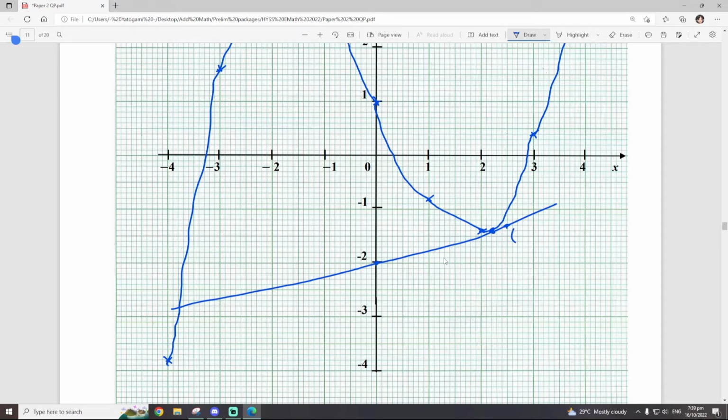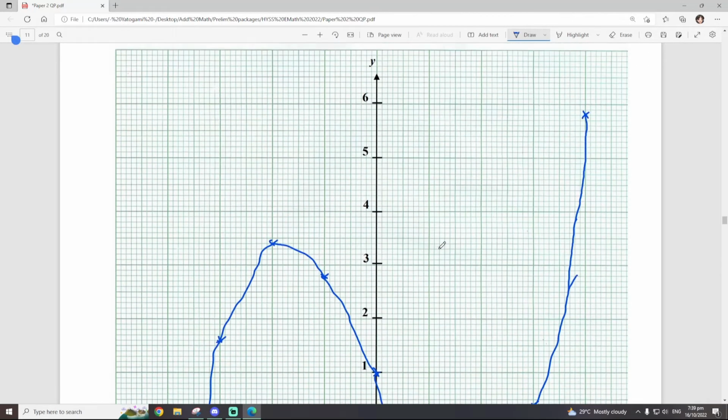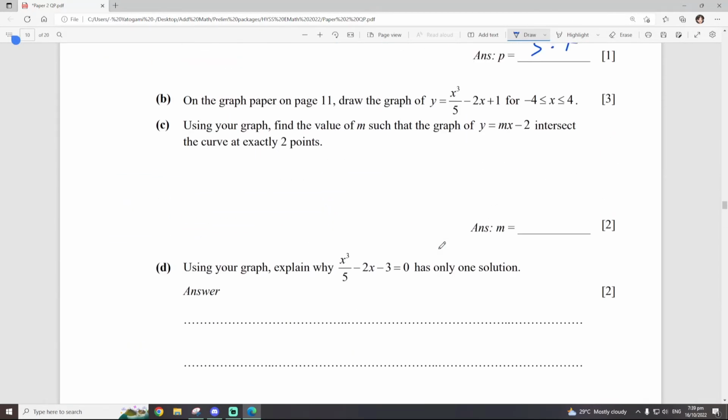This is 2.5 and I think -1.3. Okay, then use this to estimate the gradient. So it's a rise of 0.7 and a run of 2.5. So the gradient will be, I'll get 0.28, but you guys will probably get a different answer.